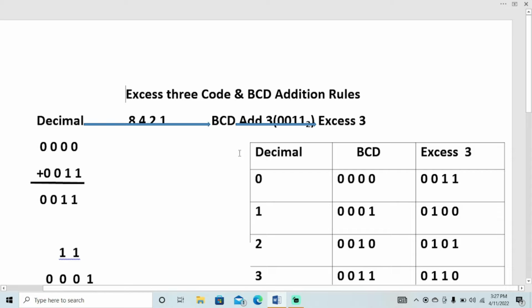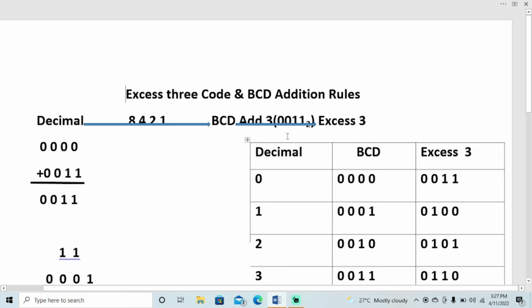So let's start with how you find the excess 3 codes. You can see, coming from decimal, we use a formation of 8421 to find the BCD or the binary codes. And then in order to find the excess 3 codes, we just add 3. And 3 in BCD is just 0, 0, 1, 1.